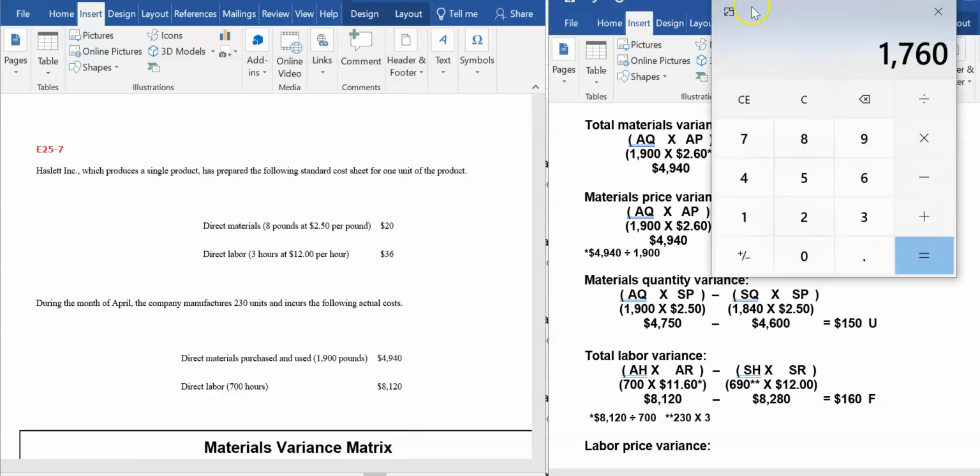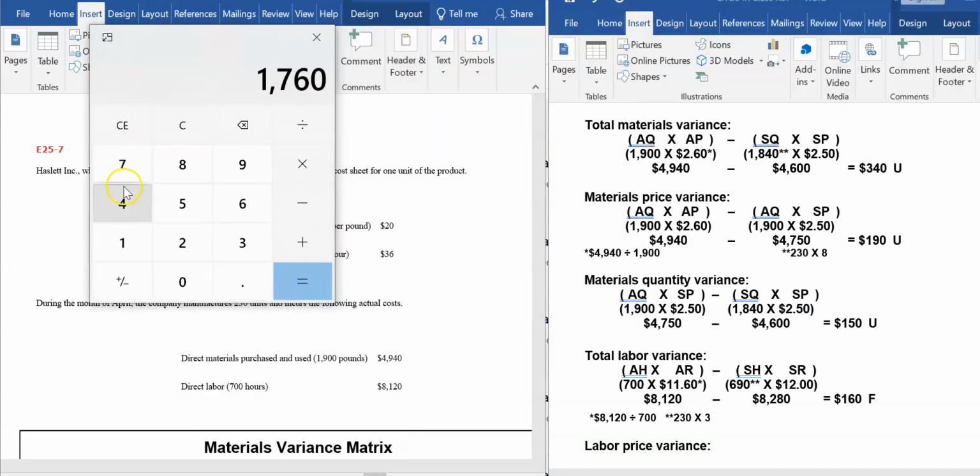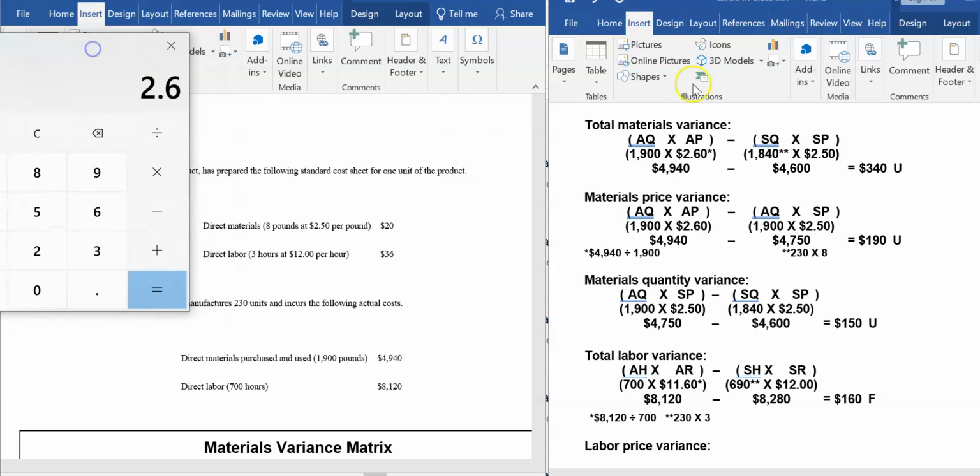If I were to divide my total actual cost of $49.40, which I have here, by the actual pounds purchased and used, I come up with an actual cost of $260. So they had not given us that number, but we were able to back into it. Okay, so total actual cost of $49.40, and multiply out our standards.